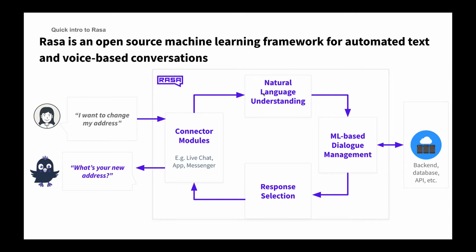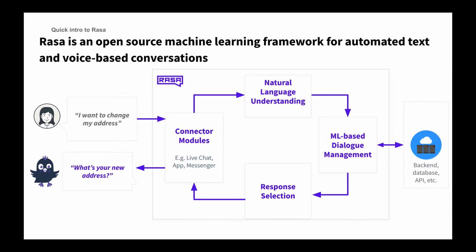And also, is there any additional information that an assistant should extract from user messages? So for example, extract some details like numbers, dates, or anything similar. This is why at this stage, at a natural language understanding stage, an assistant might extract entities as well.